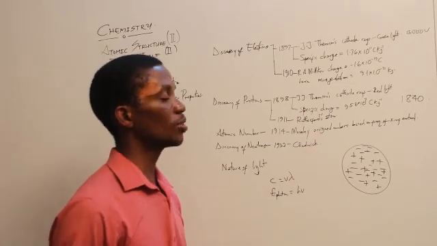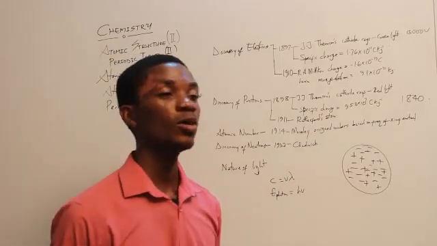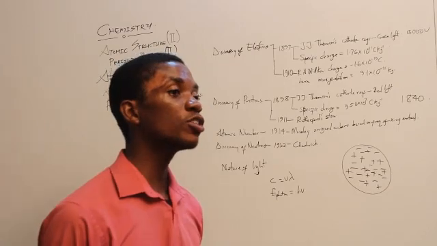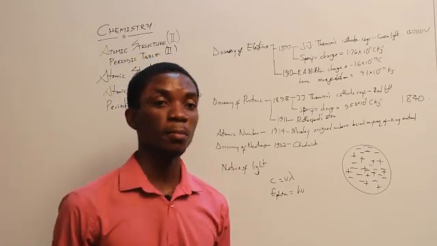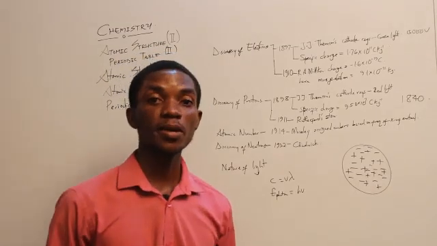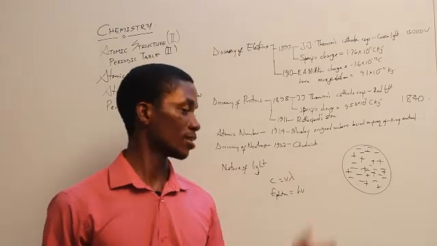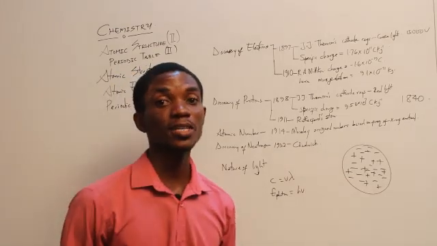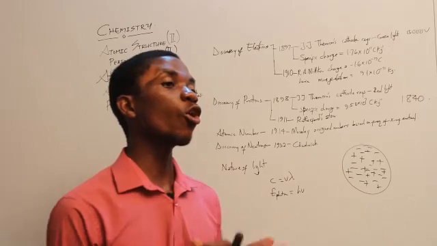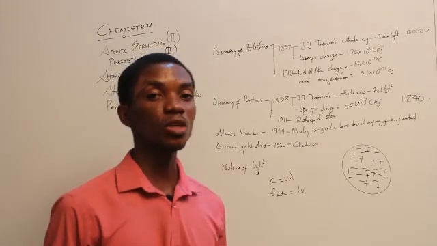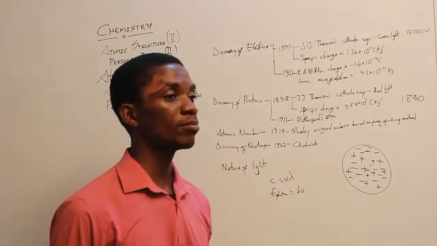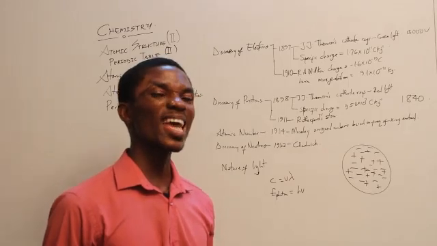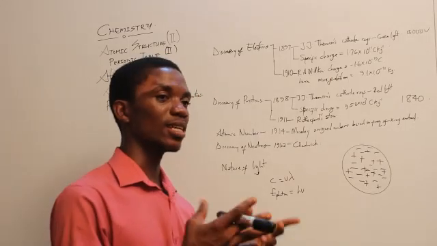Then Rutherford came up with the concept of the atom, but before he did, he encouraged Geiger and Marsden to conduct their own experiment, which he watched and was marveled by, and he went ahead to do further experiments. He discovered that the core of the atom is quite heavier than the outer part.